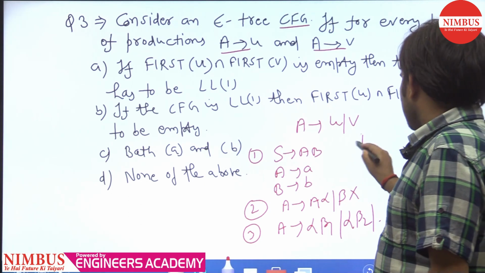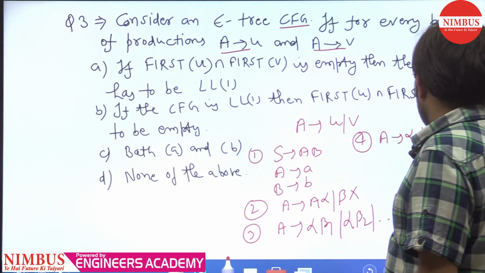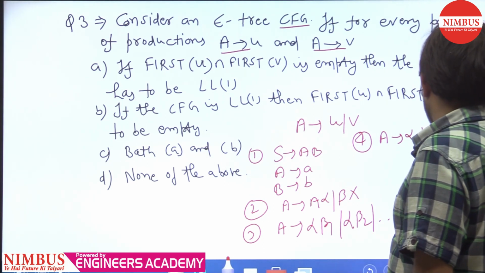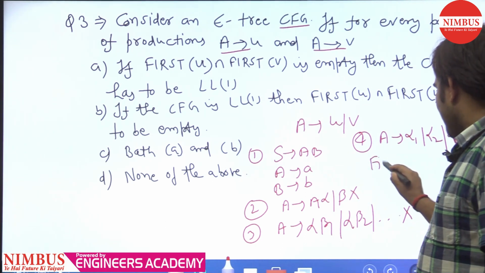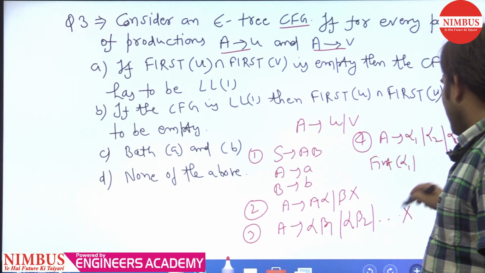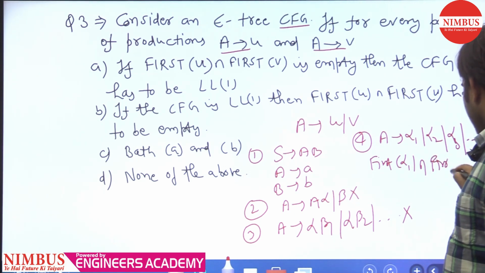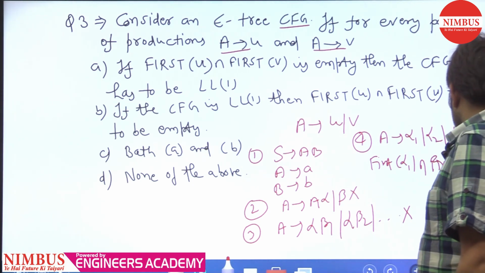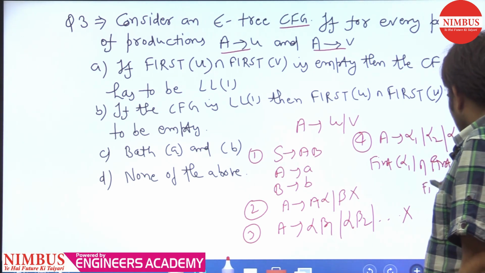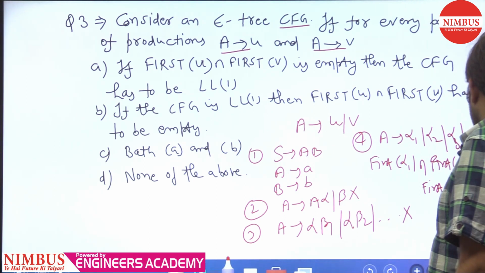The fourth rule: suppose we have a production like this, A tends to alpha 1 slash alpha 2 slash alpha 3 and so on. We need to calculate first of alpha 1, intersect it with first of alpha 2, and again with first of alpha 3.